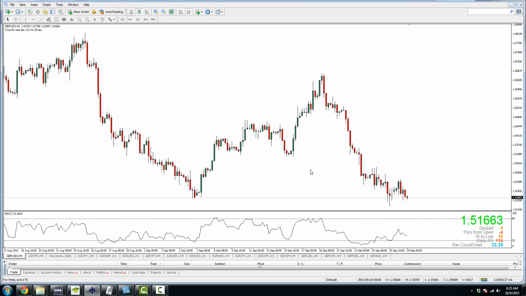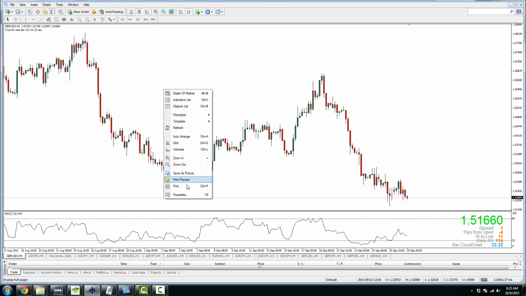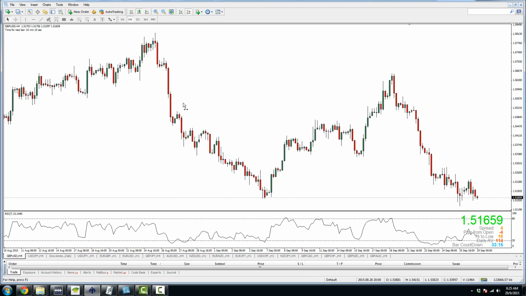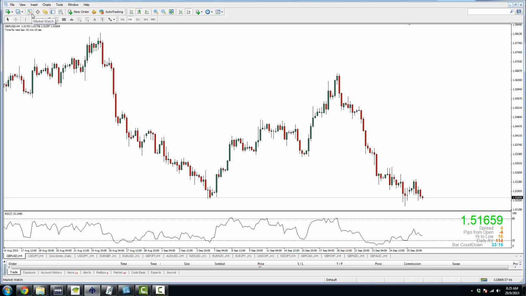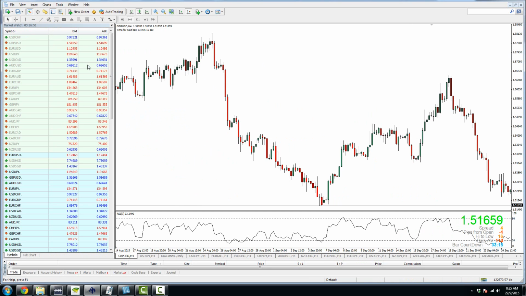Just a few very important elements of this MetaTrader 4 that you must know. First up is, what if I open the platform and I want to place a trade? Oh, right click, I can't see anything. What should I do? Click on this icon here called Market Watch.